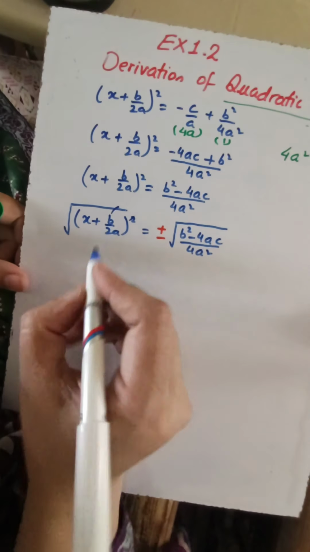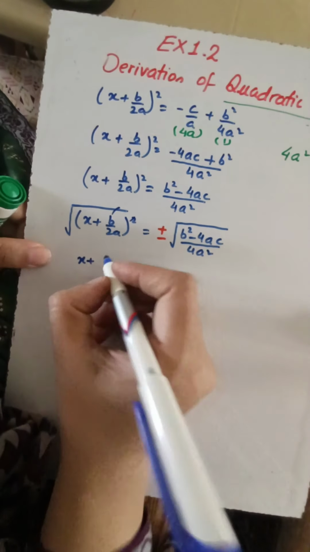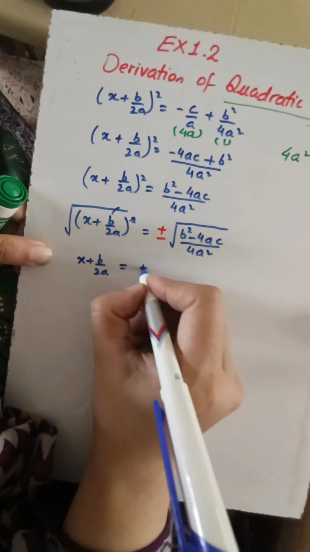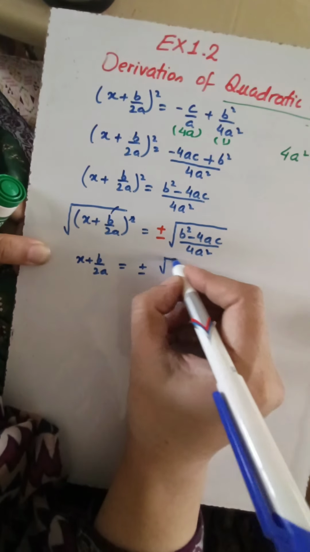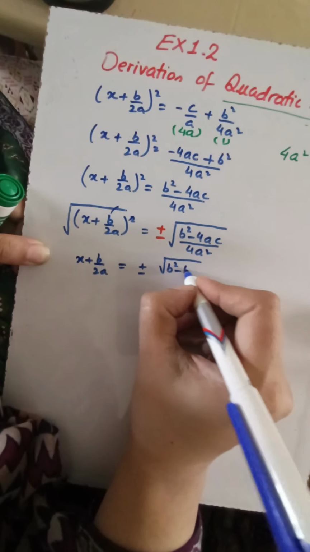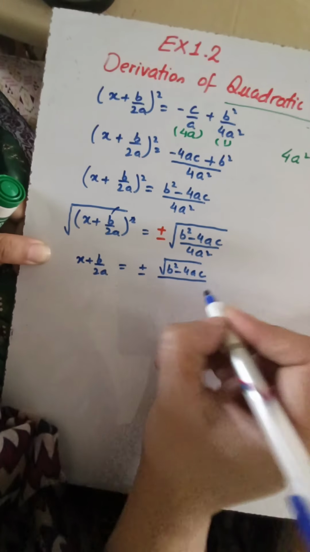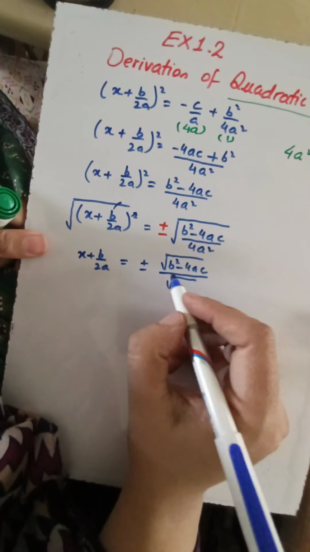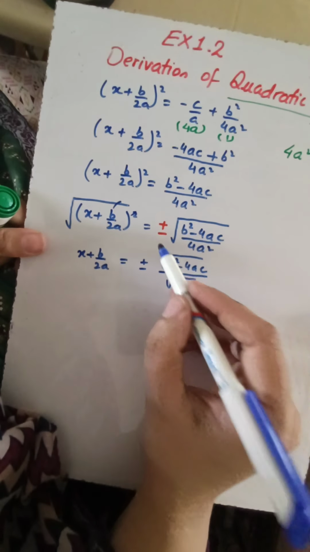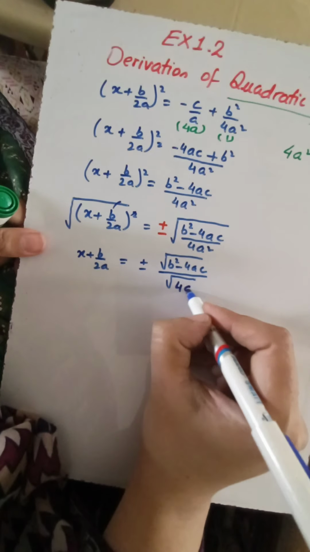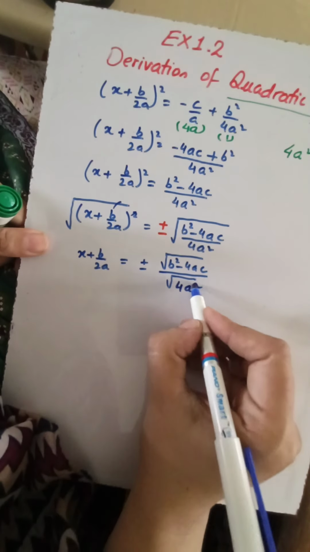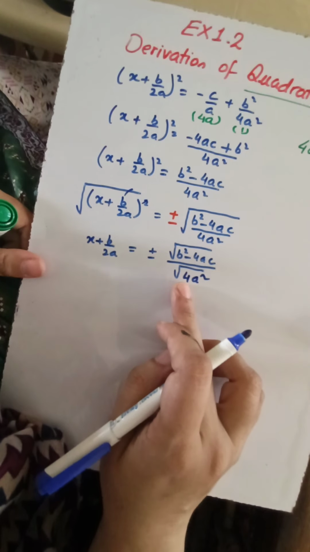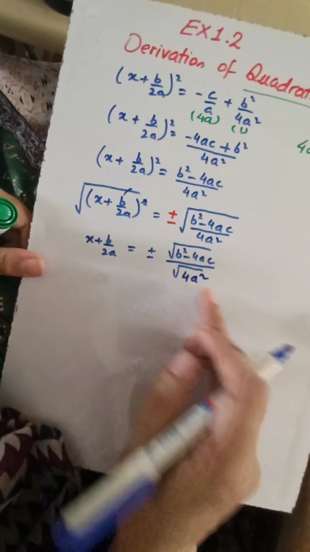So this will be x plus b over 2a is equal to plus minus under root b square minus 4ac over 4a square. I can split this root and apply it to the numerator as well as to the denominator. Okay, the denominator is a perfect square, so I can easily remove this square root, because square root of 4 is 2 and square root of a square will be a.